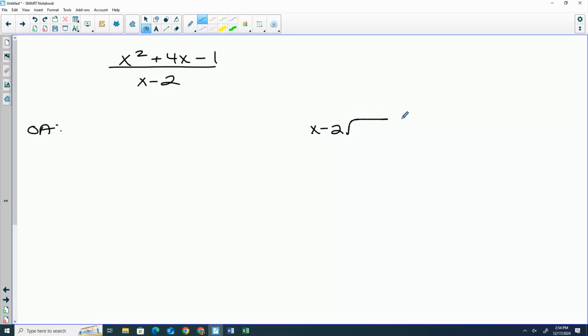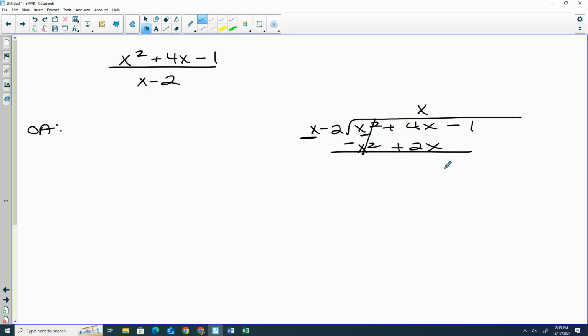So we have x minus 2, so we have x squared plus 4x minus 1. Okay, so you divide the first terms. X squared divided by x, you multiply. X times x is x squared, x times negative 2 is negative 2x. Then what do we do?